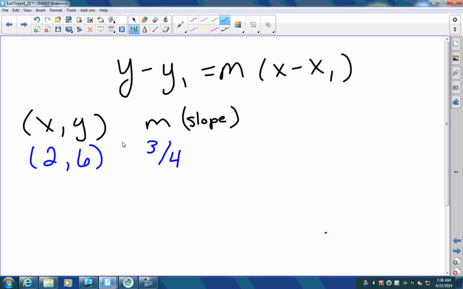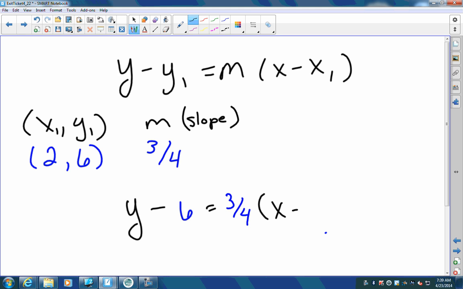All right, so this is the point that they give you, x1, y1. So all you're doing is you're going to have y, and then it's minus whatever your y number is. Your y number was given as 6, so you'll put the 6 in there. Equals m. M is the slope, so I'm going to put in there the 3/4.